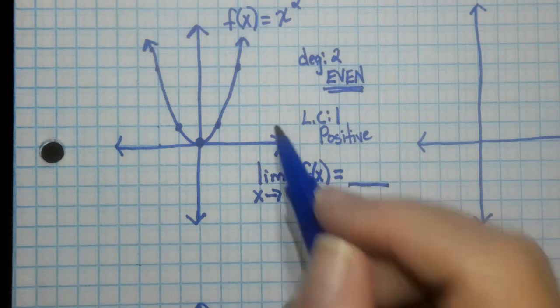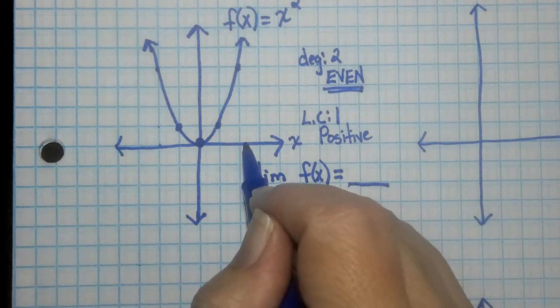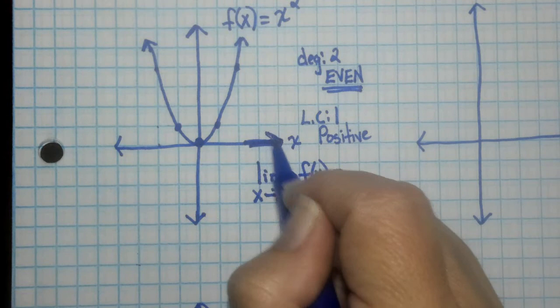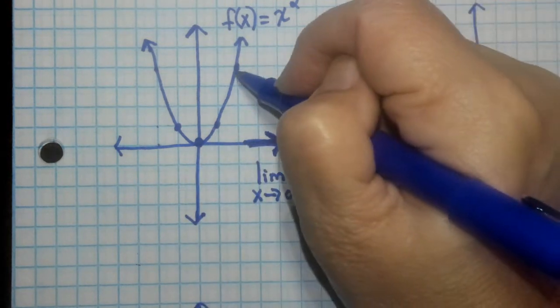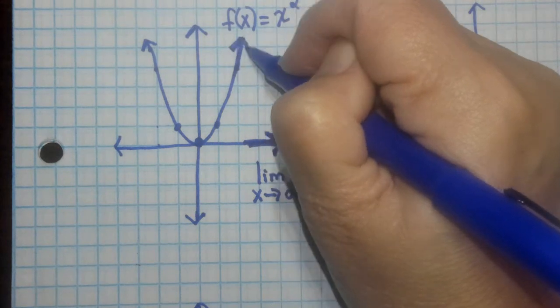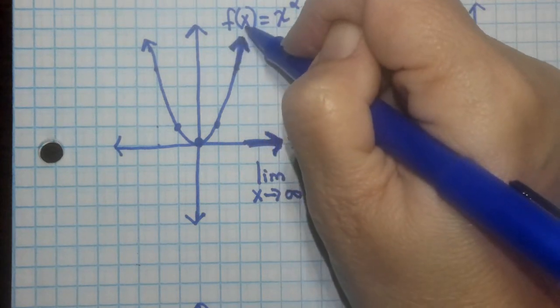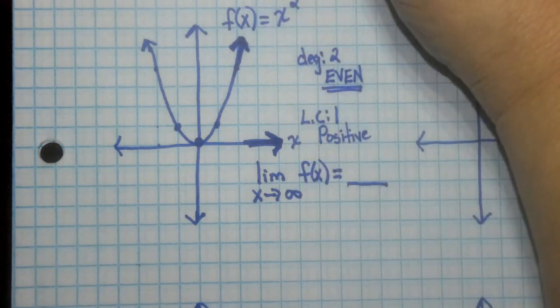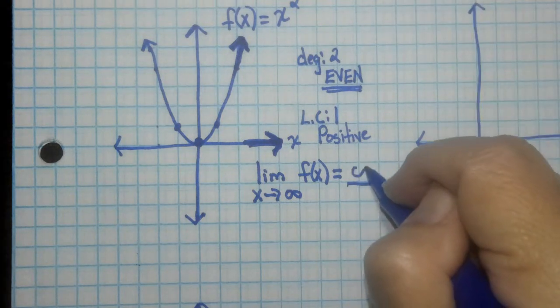Now what that means is that here on my x-axis, as I go out this way towards positive infinity on the x-axis, what is my function doing? Where is my output leading to? Way up here, where's that going? To infinity.